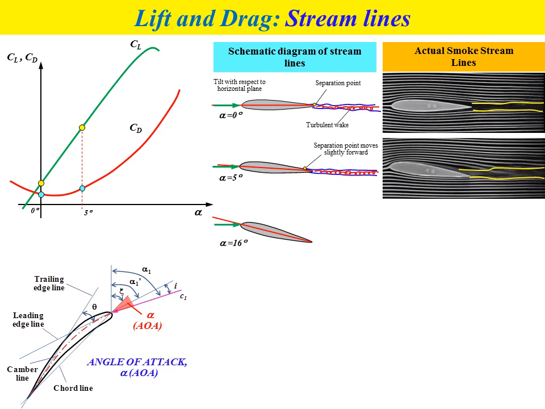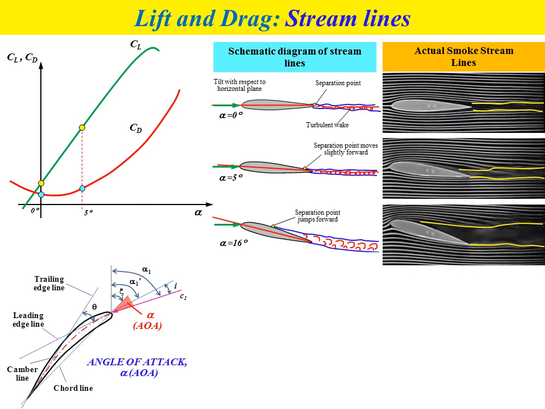For the third condition, we increase the angle of attack alpha up to 16 degrees. At this point you can see that the area of turbulent wake or separation increases, and the separation point jumps forward on the upper surface of the blade.